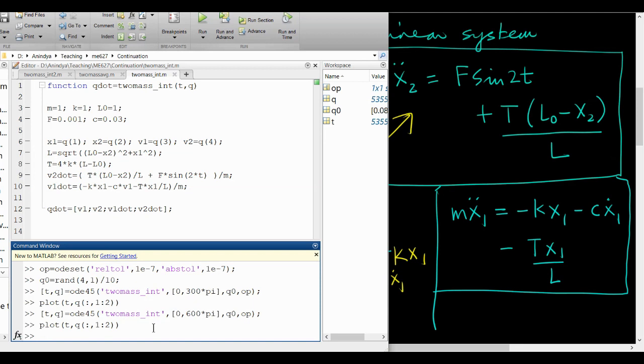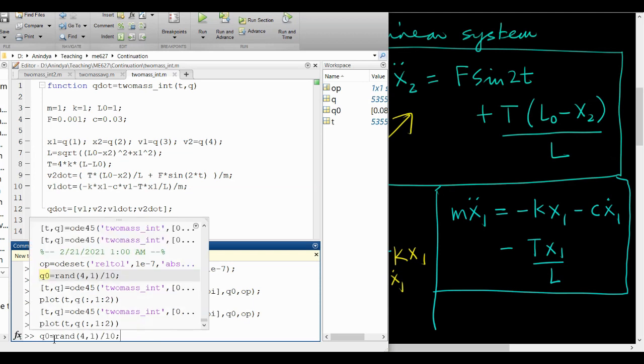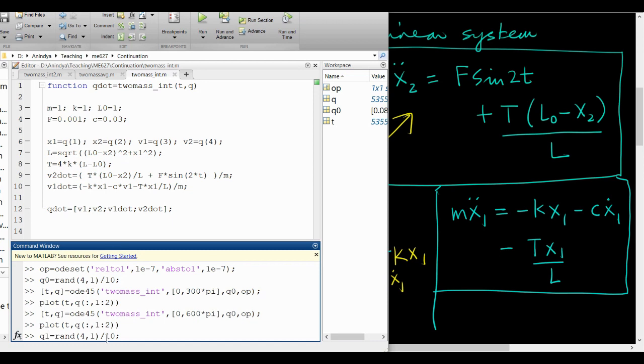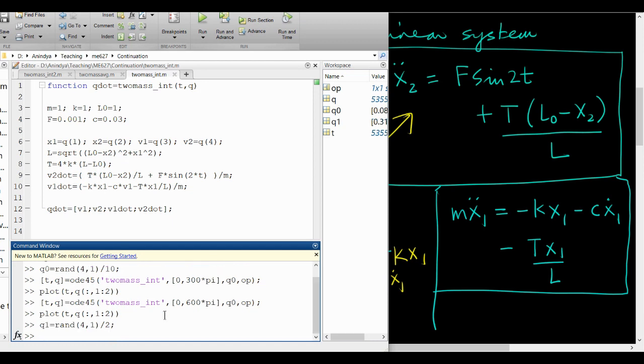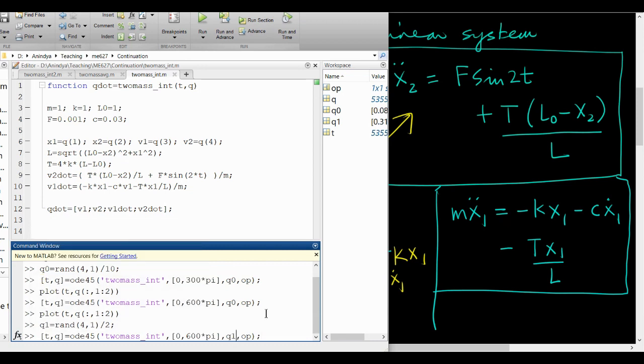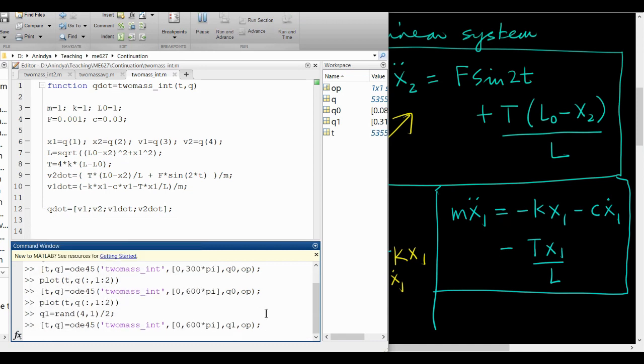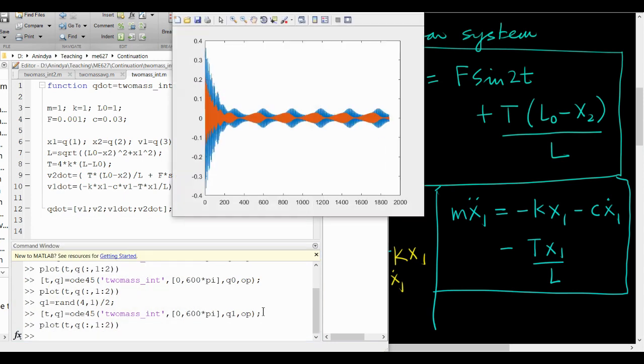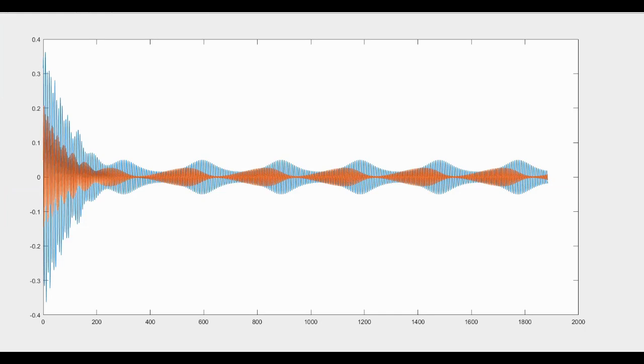Let me now take a different initial condition. Let me call this q1 and let me make this maybe 2, slightly larger initial condition, and let me run this one with the initial condition q1 and let me plot that, and you will see that it has settled to apparently a different solution, and we can go in there and look.